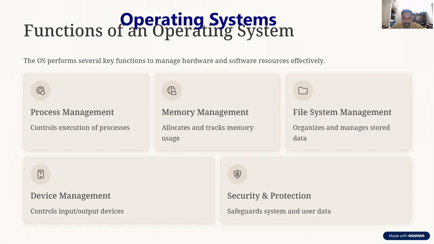Third is file management, handling file operations like storing and retrieving data. Fourth is device management, which controls input and output devices like keyboard and printer. Finally, security and protection: it protects the system, resources, and user data.